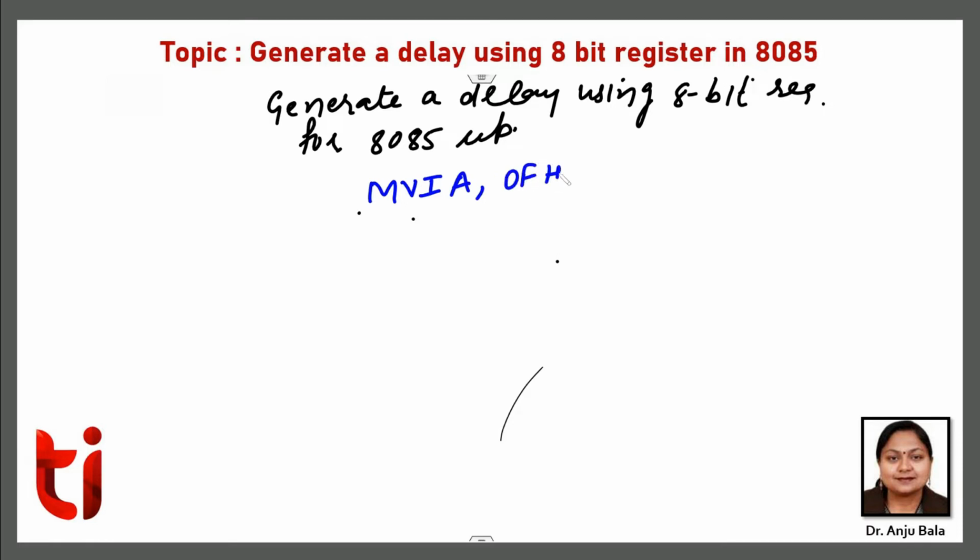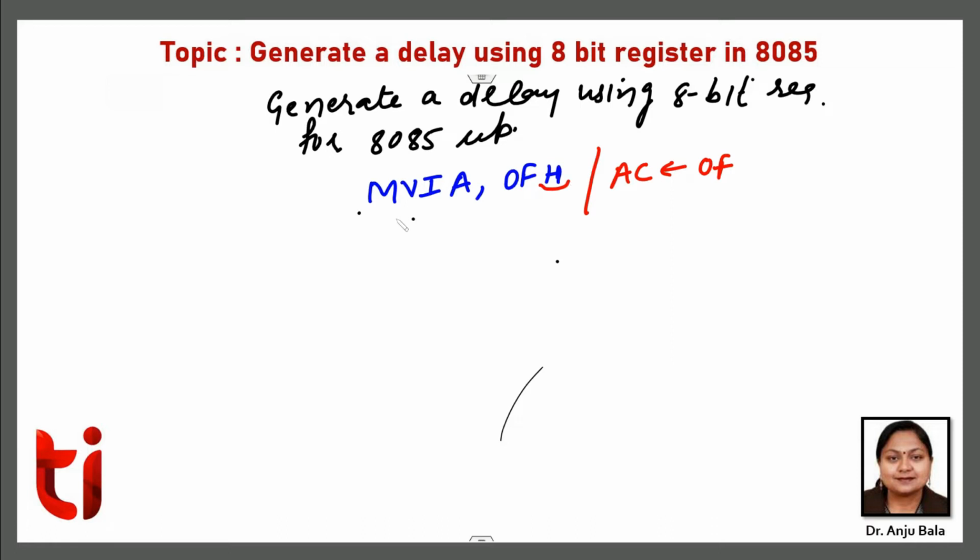You know the meaning of this instruction: it stores 0FH in the accumulator, that is an immediate instruction, move immediately 0FH into the accumulator. H denotes hexadecimal.